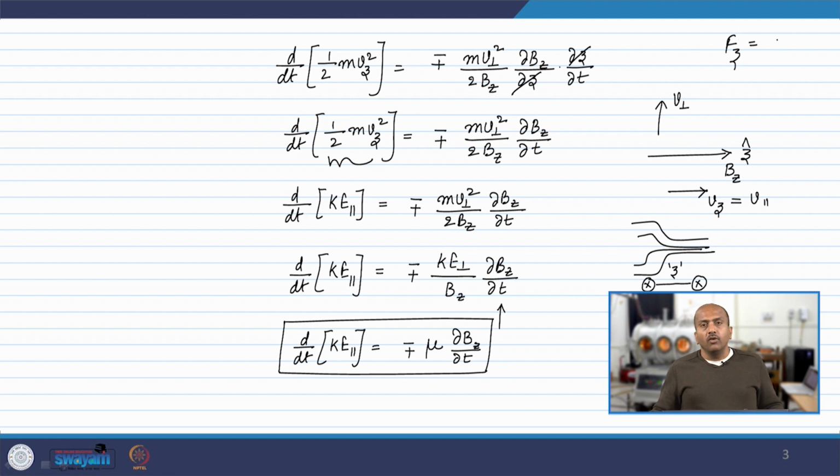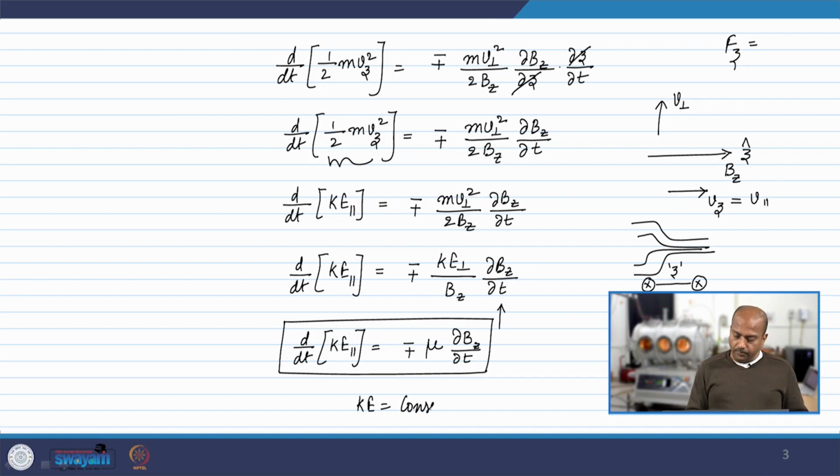Simple, right? Now, if the kinetic energy is changing, you cannot expect the energy to come down. Because it is a magnetic field after all, it will not do any work. It will not increase or decrease the energy. So the energy should remain a constant. So the total kinetic energy has to be conserved. And if you write the total kinetic energy, KE is equal to KE parallel plus KE perpendicular.